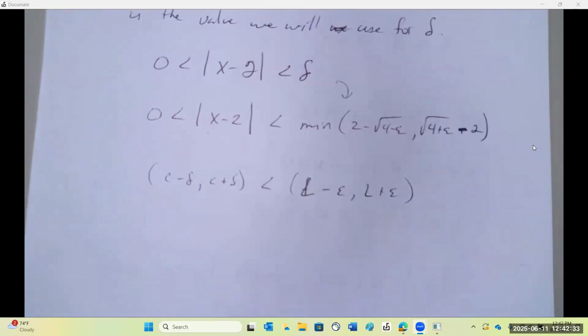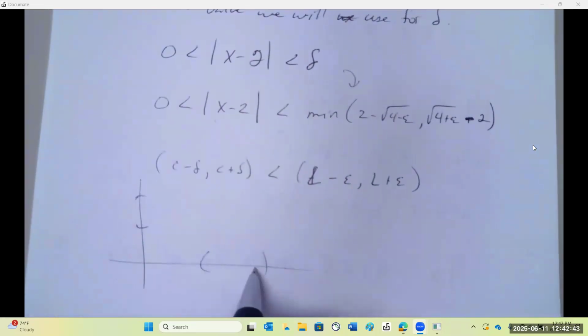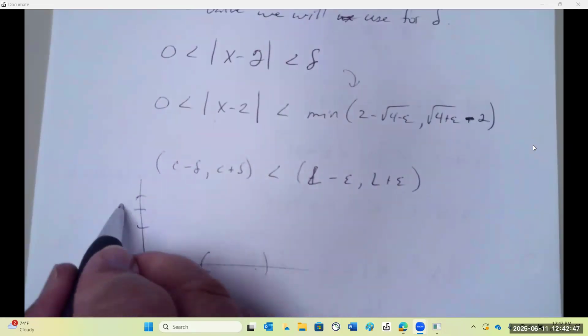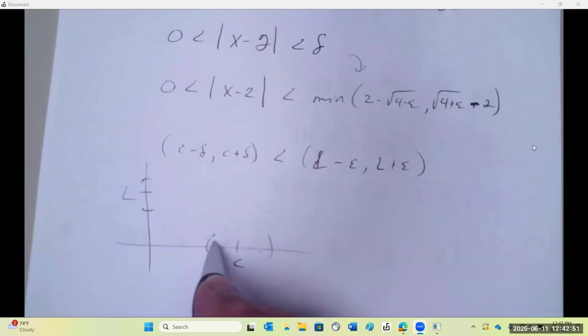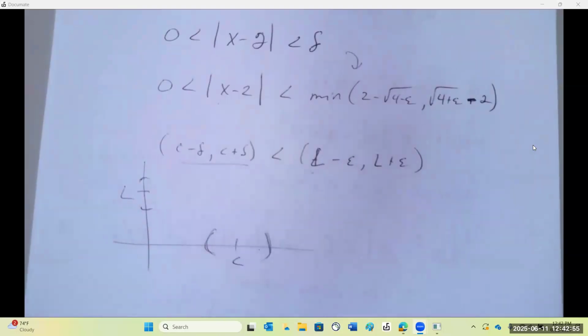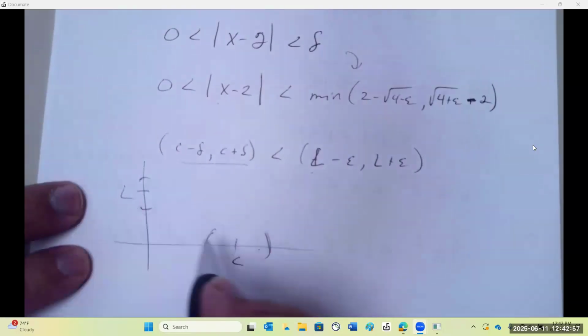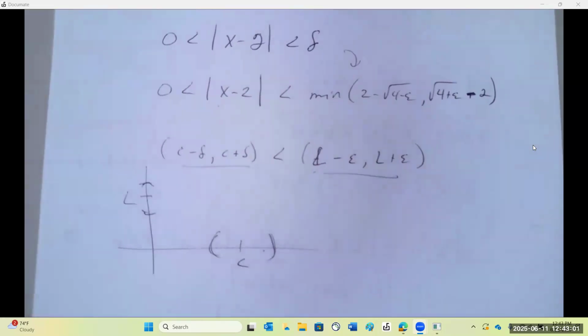Again, it's theoretical. We have to try to find this interval on the x-axis. The closer this becomes, the closer it becomes to our L value. That's this interval we have here, and the smaller that becomes, these will get even closer.